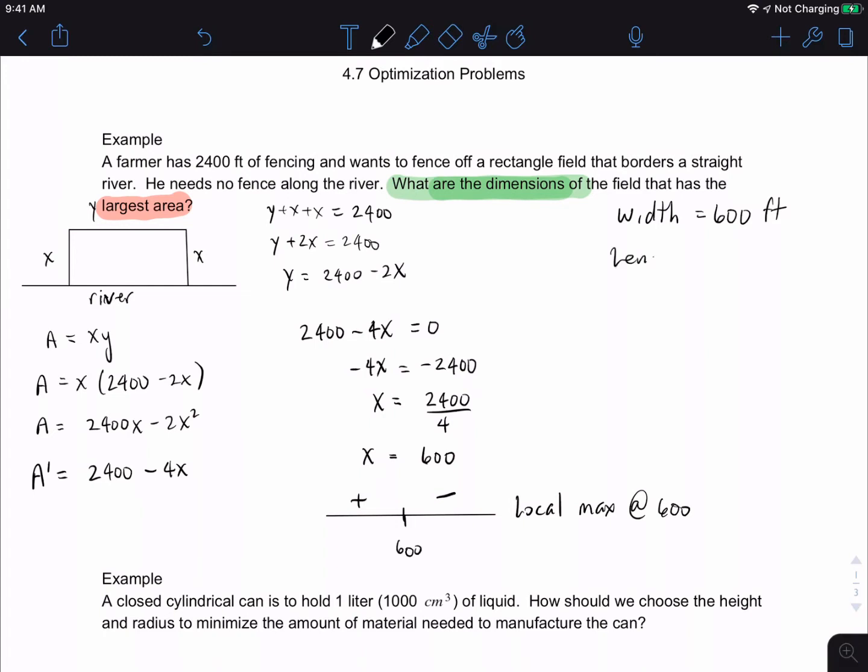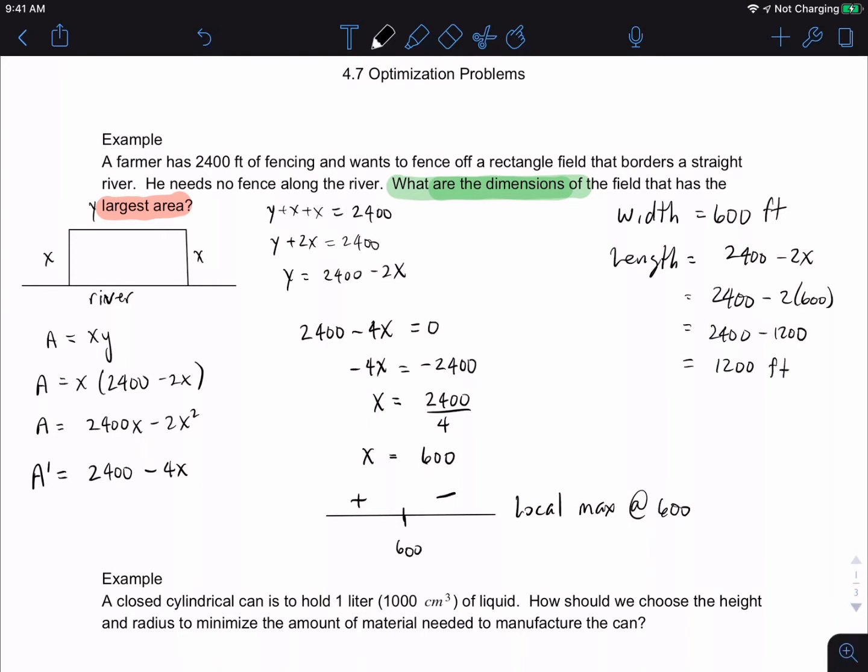So 2,400 minus 2 times 600 is going to give us 2,400 minus 1,200, or 1,200 feet of fence.